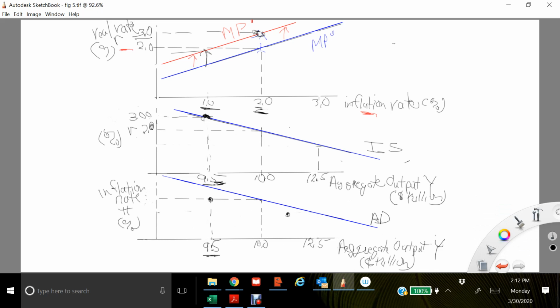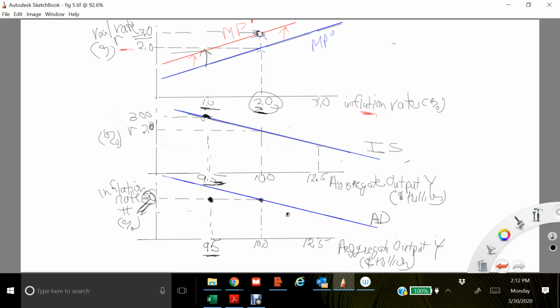Remember, I made the mistake of using the real rate here. This axis is the inflation rate, okay? So we go back and get the inflation rate here, 2.0. Inflation hasn't changed yet. So we get that point with the inflation rate of 2.0.